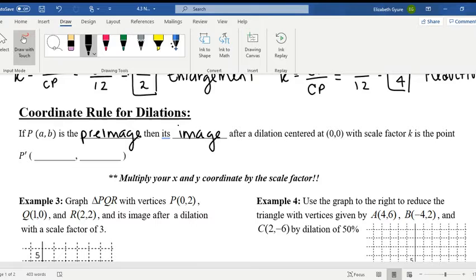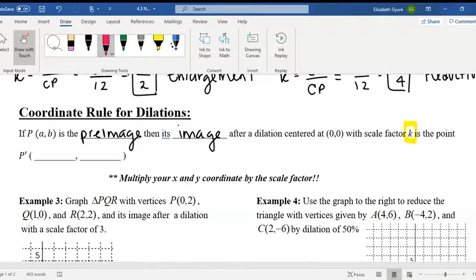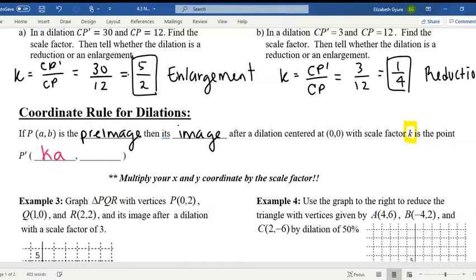So your scale factor is whatever k is. Maybe it's a fraction, maybe it's a whole number, I don't know. P prime is going to become Ka, comma, Kb.